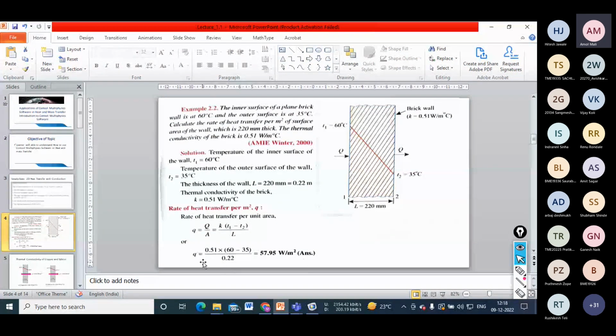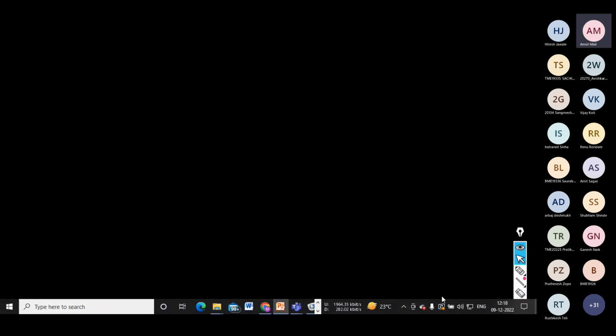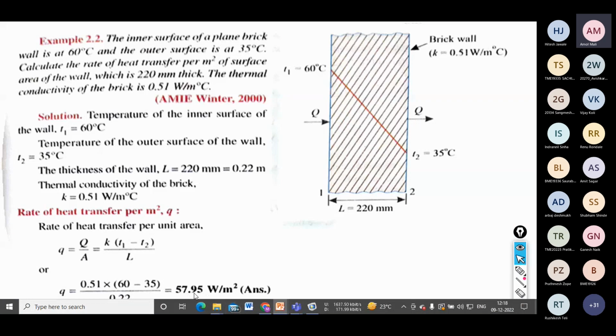How much was our theoretical answer of heat flux, Q? How much is that value? Can anyone tell how much heat flux you are getting theoretically? 57.95.